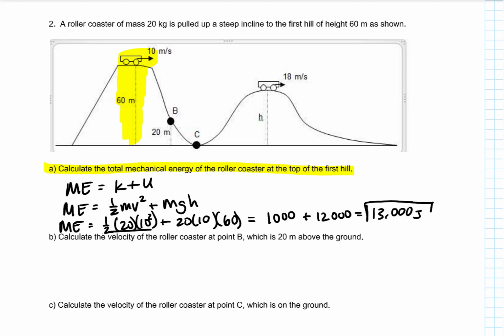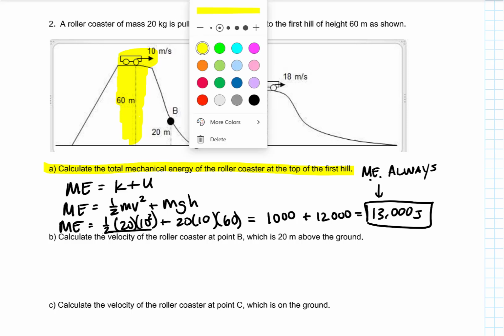That's my total mechanical energy. So for this roller coaster, as long as there's no frictional force acting on it, mechanical energy is always going to be 13,000 joules. So then we're looking at point B, 20 meters above the ground.